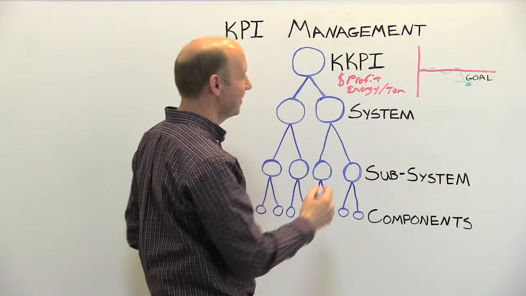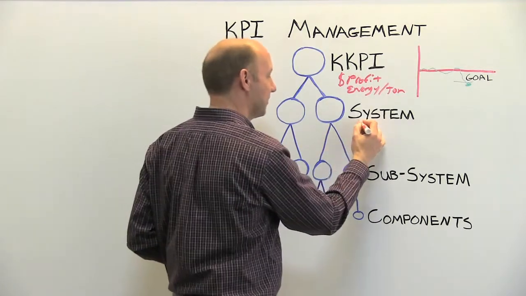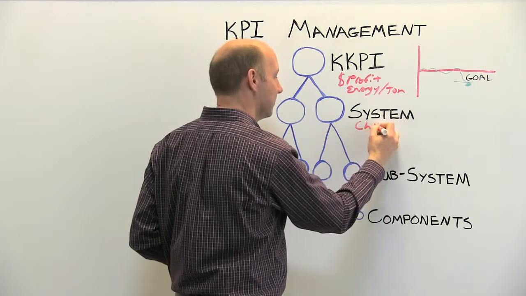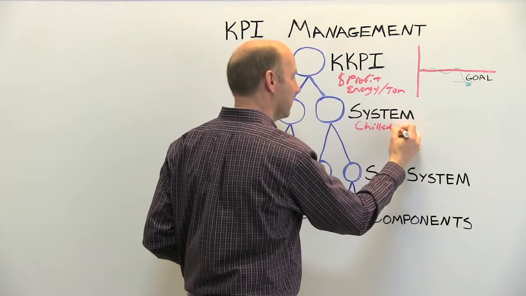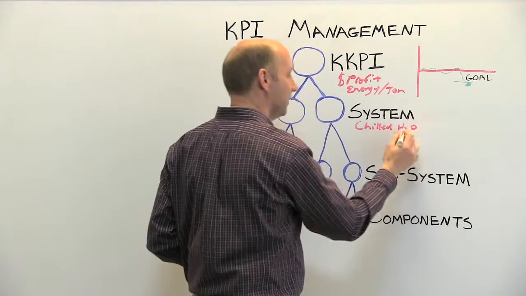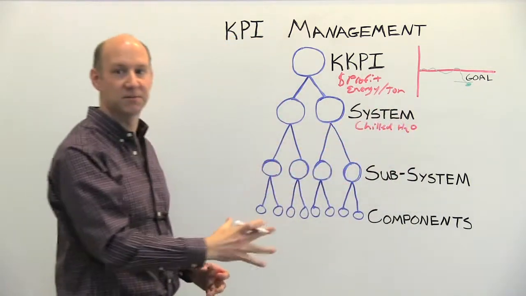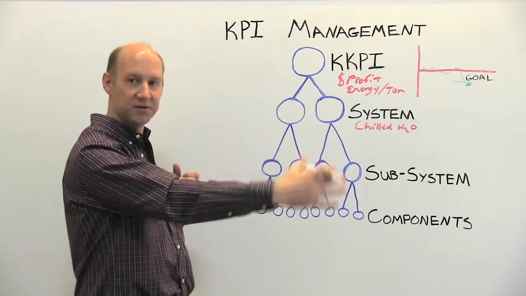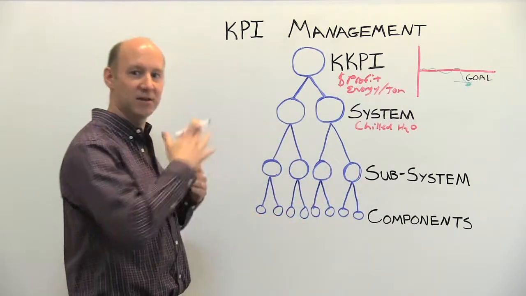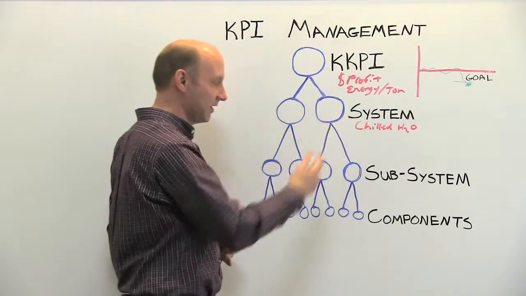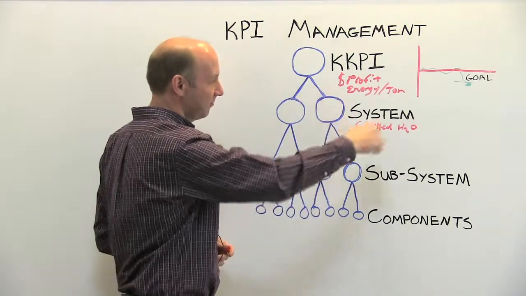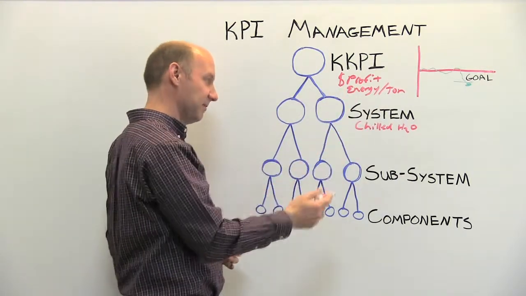A subsystem KPI, this could be a chilled water system. And here you'd be looking at the whole system, not just the chillers. You'd be looking at all the chillers, all the pumping, the condensers, cooling towers, everything that goes along with it. And you'd be rolling that up into a kW per ton type number.